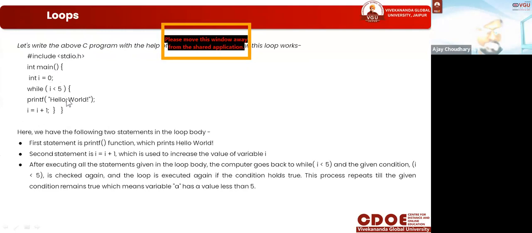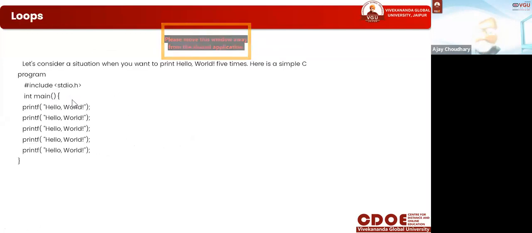So 5 times we print hello world, and we increment the i value by 1. So there are just 5 lines of code, but in the previous code we wrote the printf function 5 times. So looping is used to reduce the code structure and to maintain the efficiency of that code.